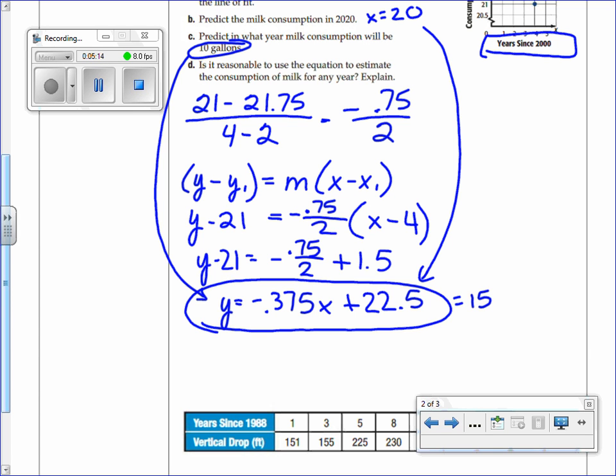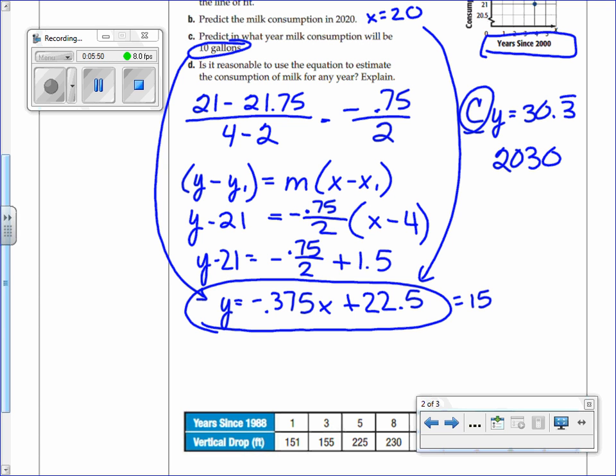So if I substitute that in and do all the math, I'll get 30.3 repeating. Since it says years since 2000, my answer is going to be 2030 for answer C.